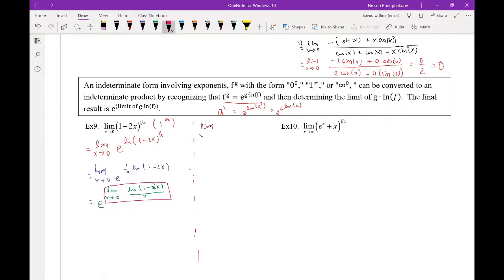So if I have the limit x approaching 0 of natural log of 1 minus 2x over x, then in this case, with direct substitution, I have natural log of 1 over 0, which is 0 over 0, right? Indeterminate form. So then I could apply the L'Hopital rule here. So I will have 1 over 1 minus 2x, and then I take the derivative of 1 minus 2x over 1.